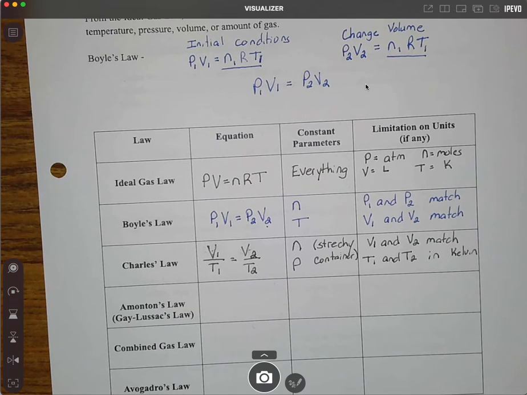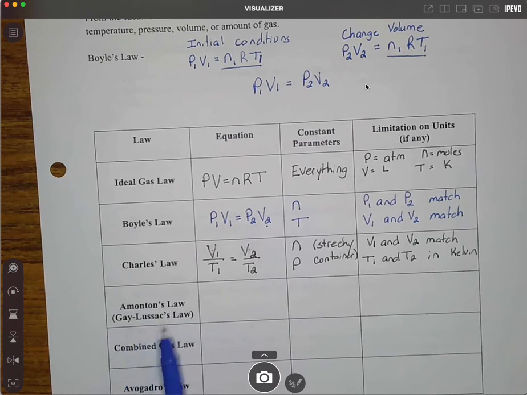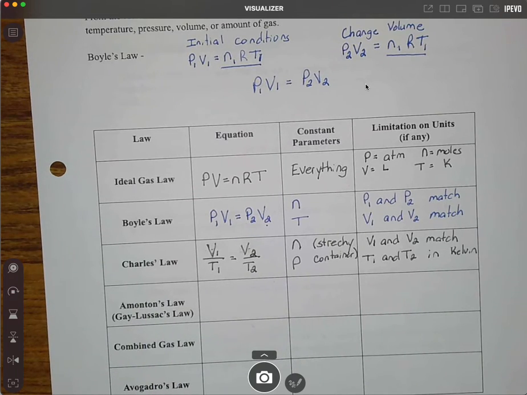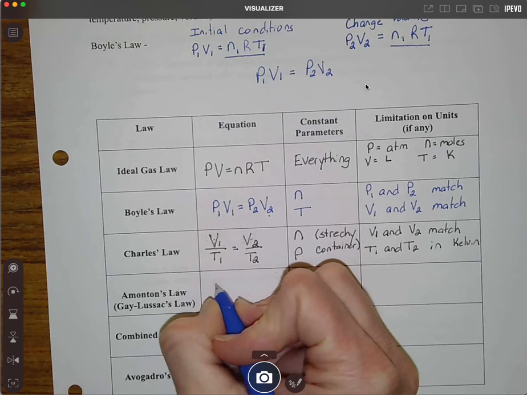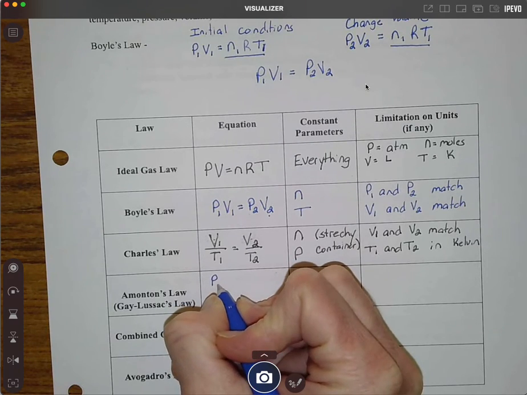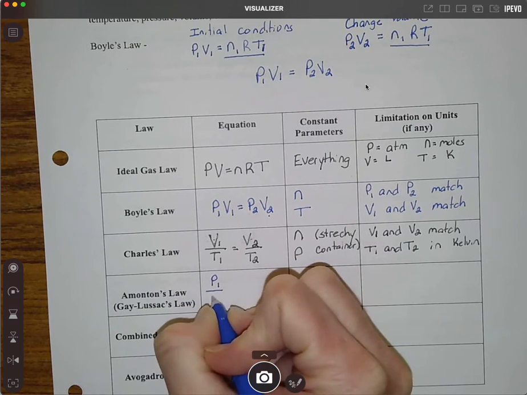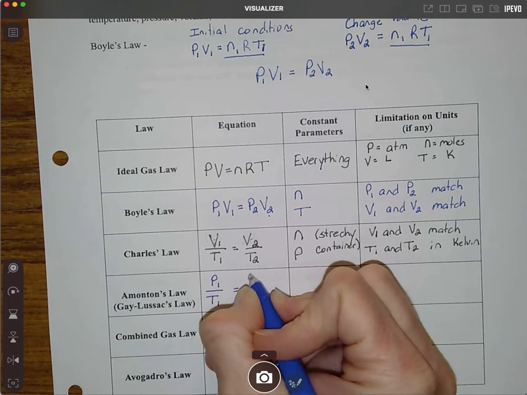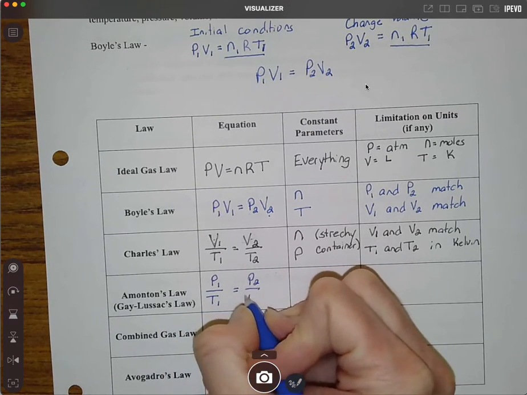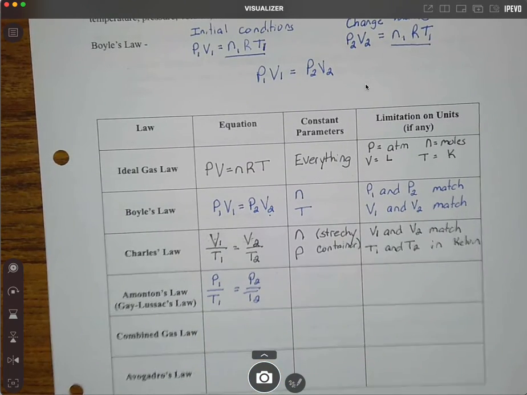Okay. The next one, most people call Gay-Lussac's law, although your book does Amonton's law, and it is going to be the pressure-temperature relationship. P1 over T1 equals P2 over T2.